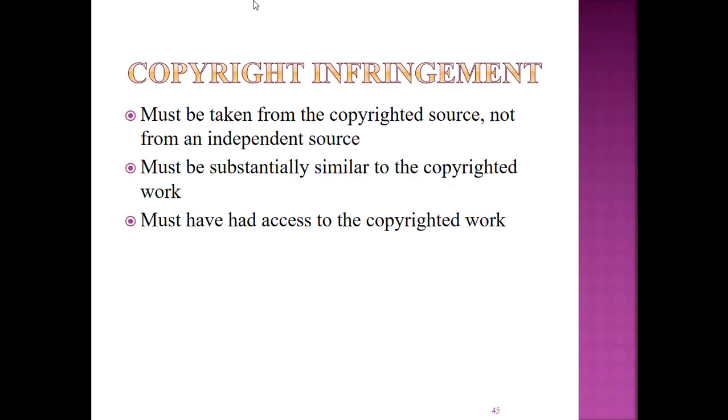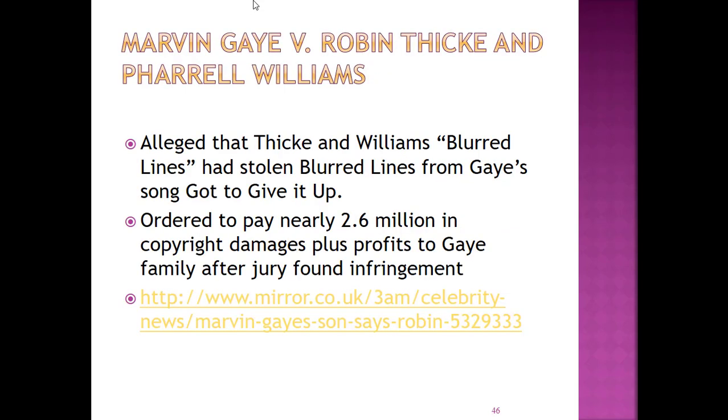Okay, and she also gave us some examples of where copyright infringement has taken place. If you look at these PowerPoint slides, this is a link right here, and I encourage you to listen to that song. Basically, Marvin Gaye's family sued the Blurred Lines guys, Pharrell Williams and Robin Thicke, and if you listen to those songs together, I mean, it really is like, wow, yeah, I can see why they did that.